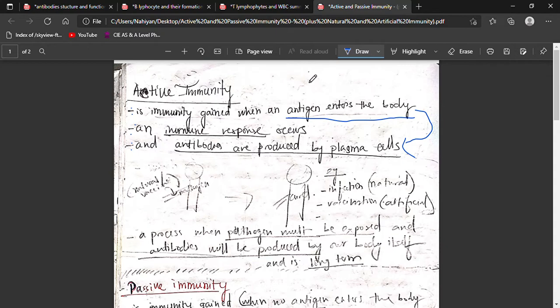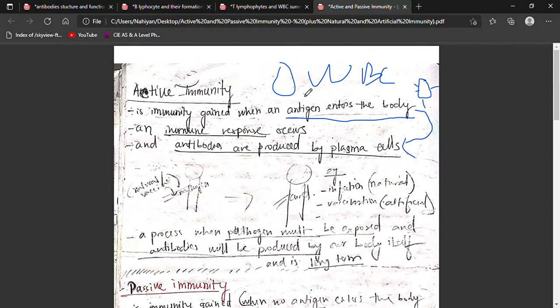So our white blood cell has to be exposed to a pathogen, a foreign antigen, and after it has detected it, the lymphocytes will produce antibodies and such chemicals. So an immune response occurs, which involves the production of antibodies by plasma cells.